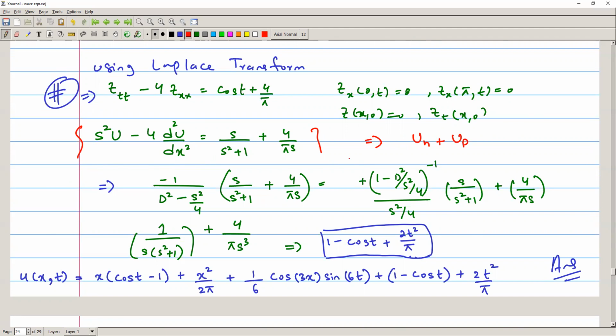U homogeneous will be 0 because we have Neumann boundary conditions and they are homogeneous. Therefore, C1 and C2 will be 0. So U_H is equal to 0, right? And then to formulate U_P, we will use the operator D method. We will operate with this D, and we will get this function.